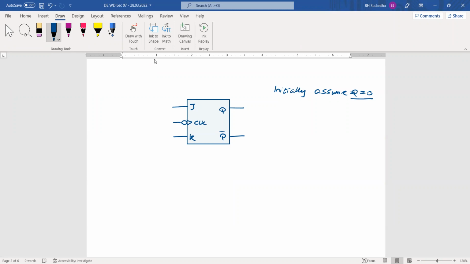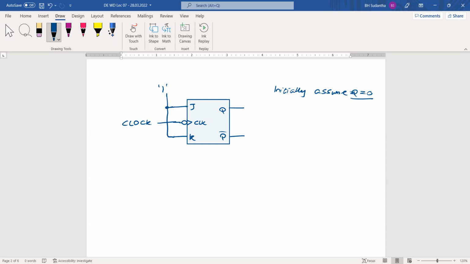Then I take these two wires and put a permanent 1 and 1 to J and K, and to this one I give the clock pulse.